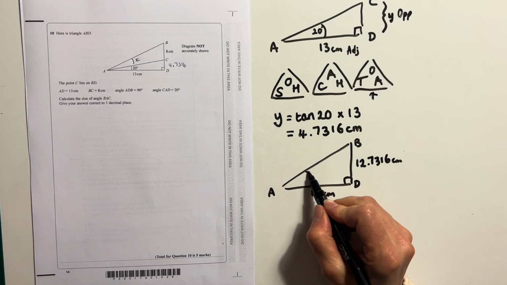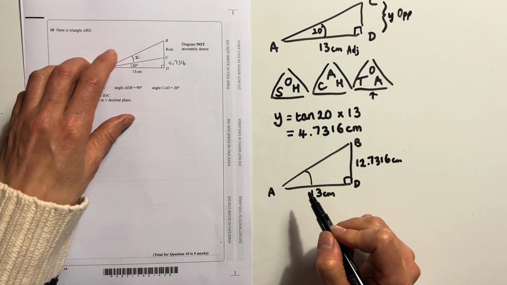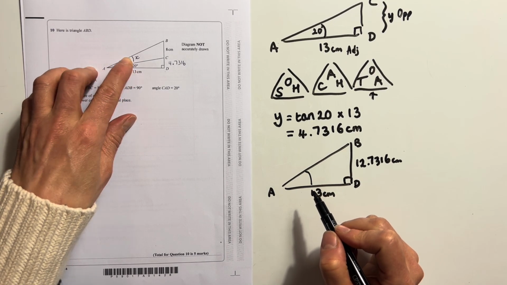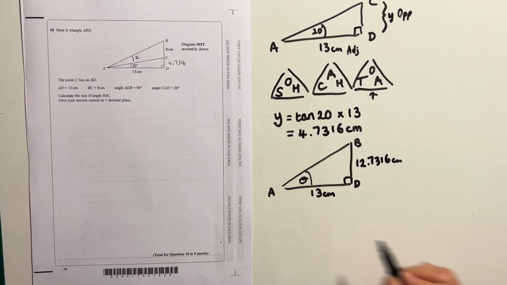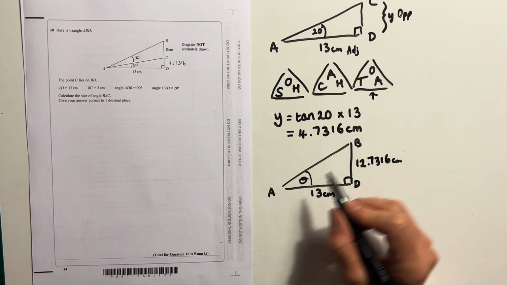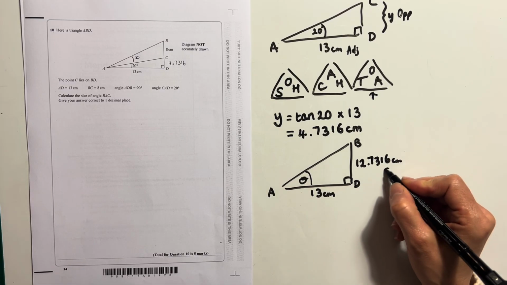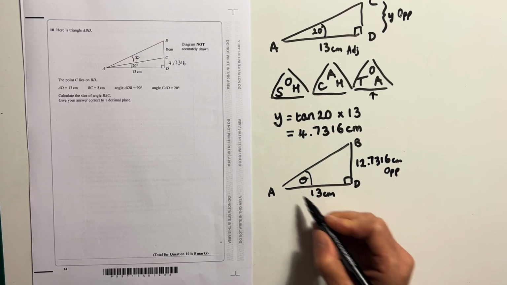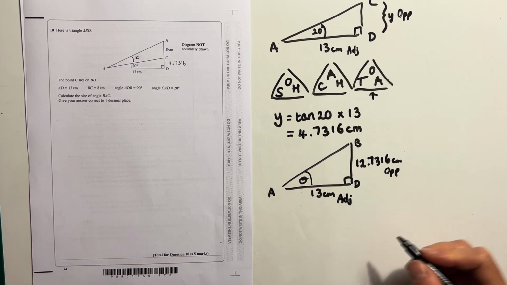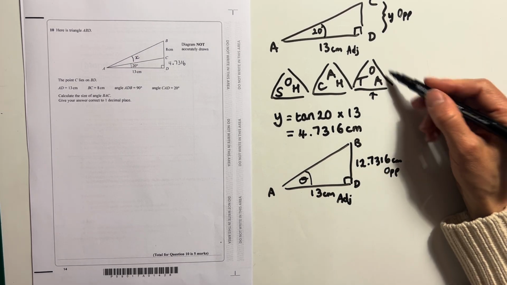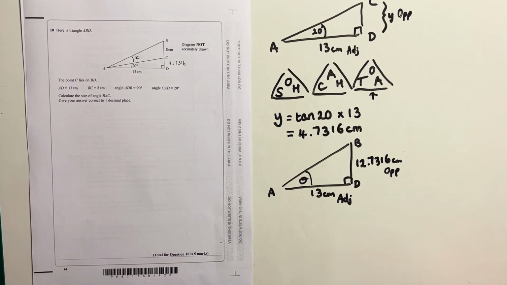And this time we're going to be looking for the full angle that contains the 20 and the X. So again, I've got the side that is opposite the angle, and I've also got the side that's adjacent to the angle. So again, I'm still going to look at the formula triangle for tan.